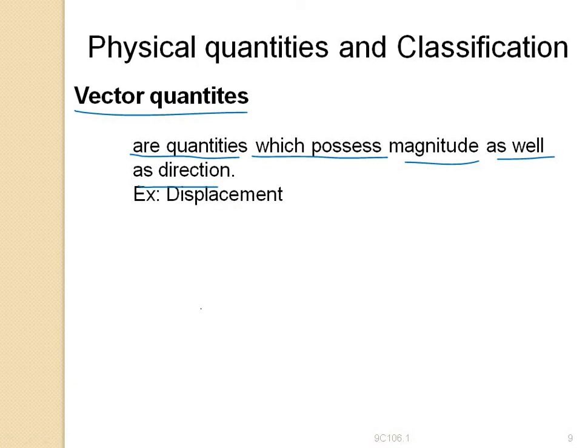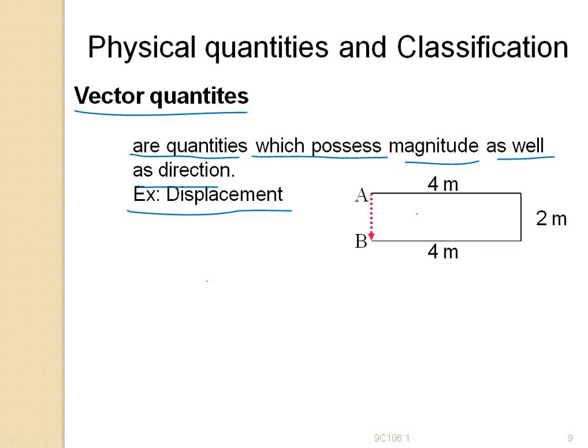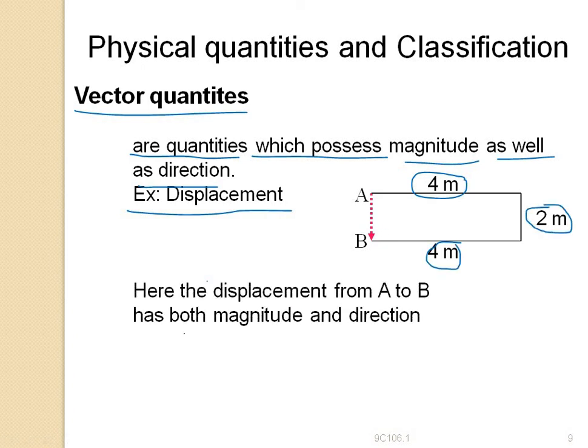Here the example given is displacement. You can see here A to B, suppose 4 meters by 4 meters by 2 meters was given. Here the displacement from A to B has both magnitude and direction.